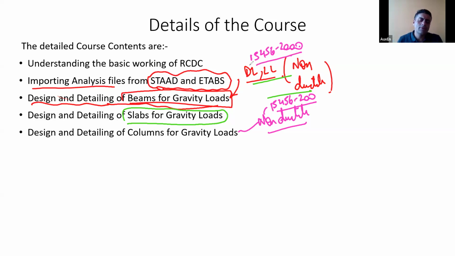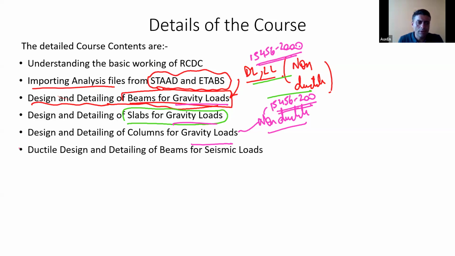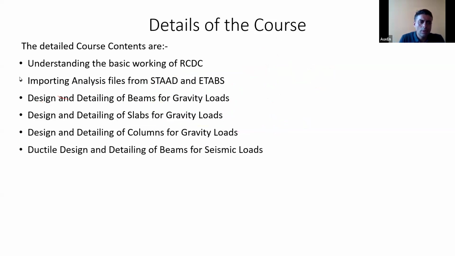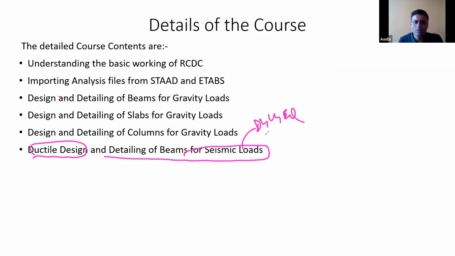So when I say that we are going to design only for gravity loads, we will be only using the clauses and provisions as per 456-2000. Right now I'm discussing the course contents. Once we do this, then we will take up the ductile design and detailing of beams for seismic loads. So now we will have dead load, live load, and EQ loads also.